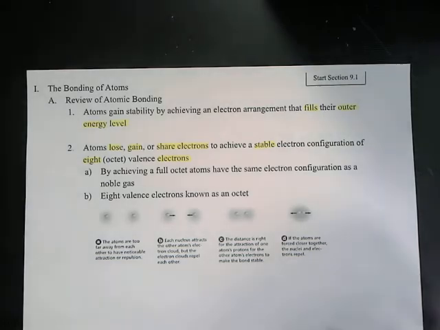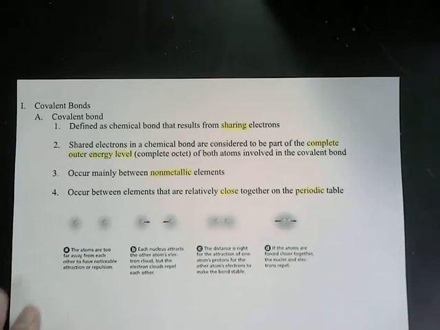So let's jump right into what covalent bonds actually are. Covalent bonds are chemical bonds that result from sharing electrons, okay? Because they share those electrons, both of the atoms involved in the sharing process complete the outer energy level, or have electrons that fill that outer energy level.